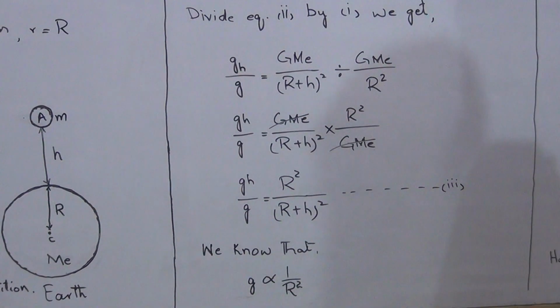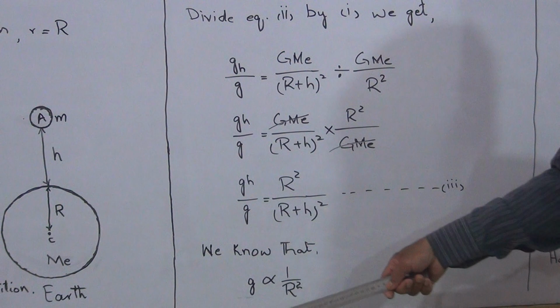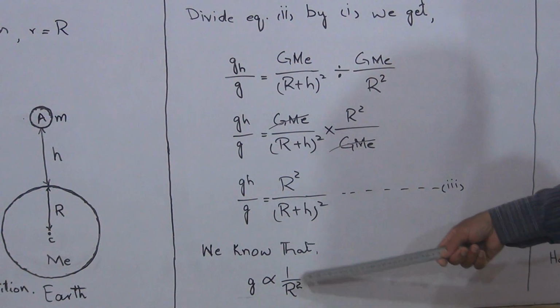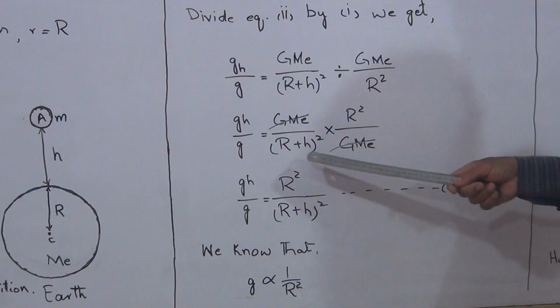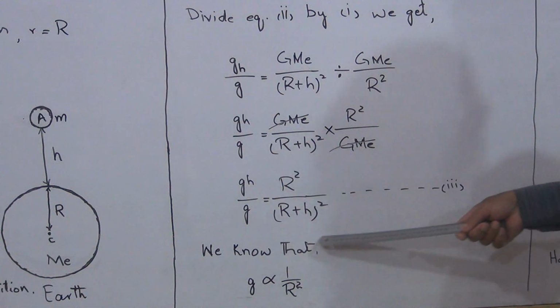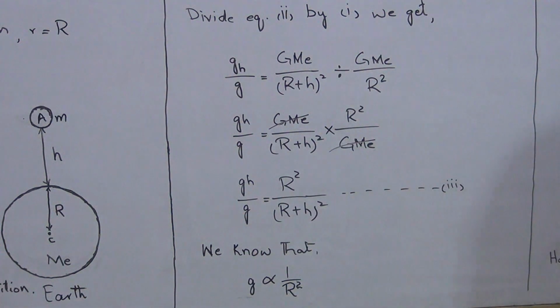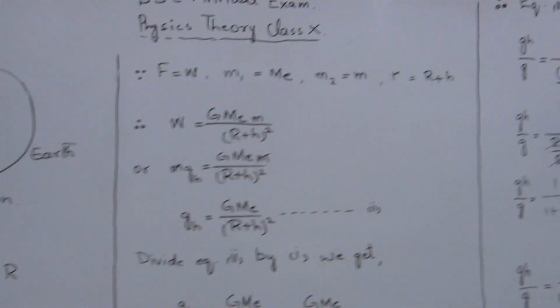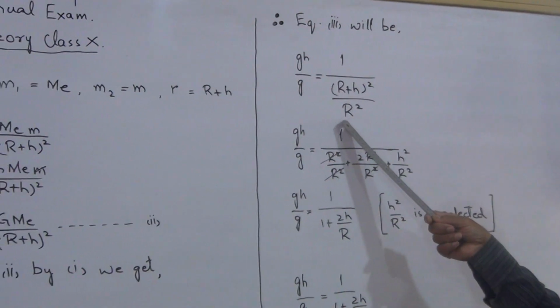Now we know that gravitational acceleration is inversely proportional to the square of the distance. Therefore this whole value of R plus h, we take its inverse. So it comes g h upon g equal to R square over (R plus h) square.